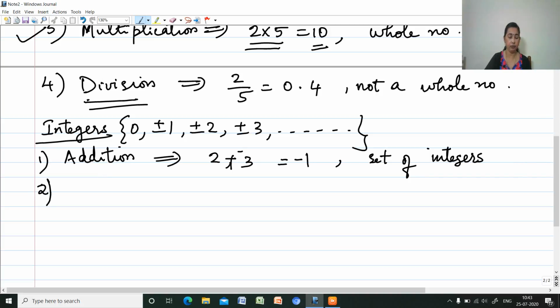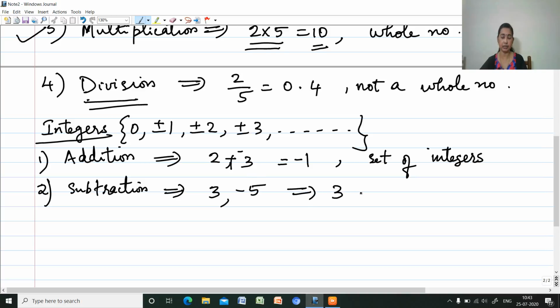Then the second one is subtraction. Consider two integers again, let it be 3 and minus 5. If I am subtracting, 3 minus minus 5 is equal to 3 plus 5, that is 8. So 8 again is an integer.